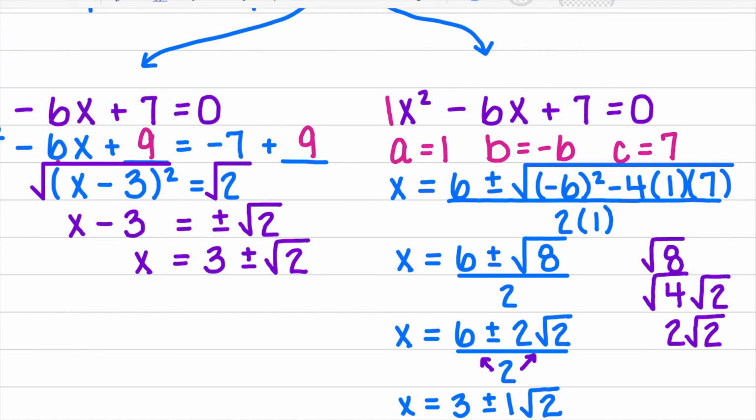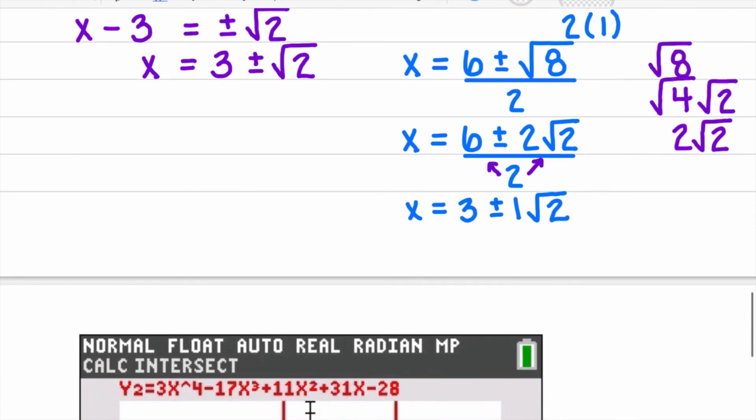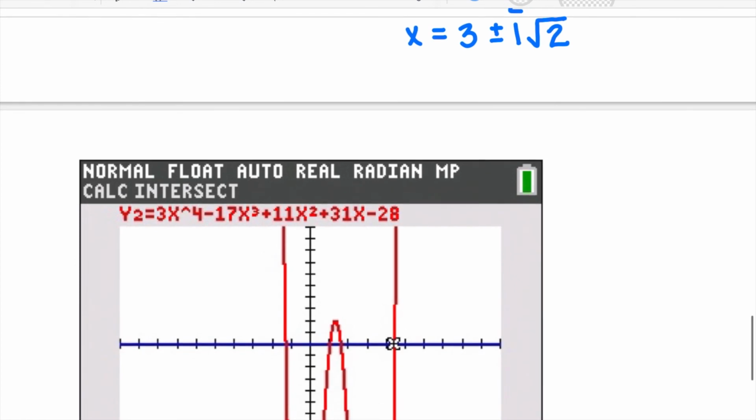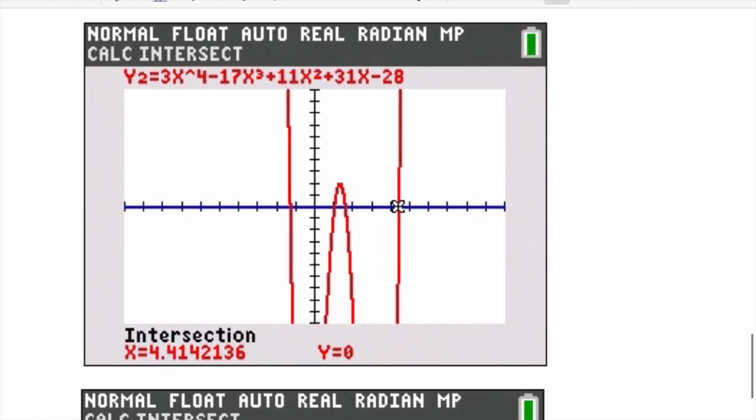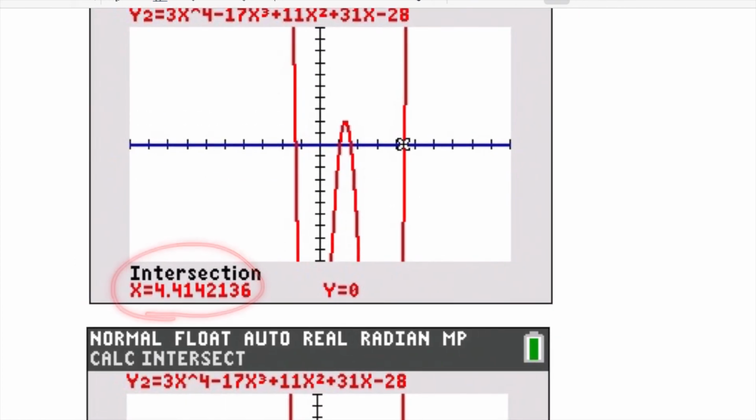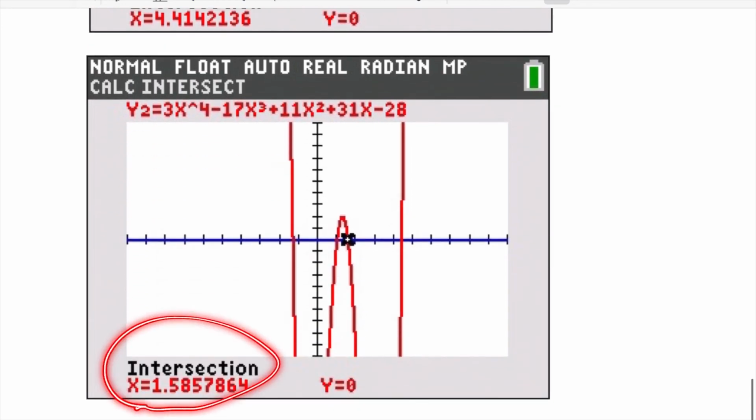Okay, so now we have these two roots. In order to check that they're equivalent to the roots that we found on the calculator, I put these into my calculator and took a screenshot so I don't have to go over to my computer. So I'm just going to show you. These are our intersections. These are irrational intersections.